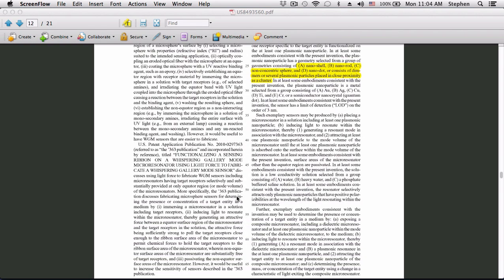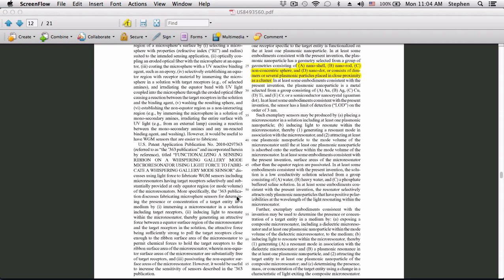As to the plasmonic particles, as you can see here in this sort of yellowed area, they can be nanoshell, nanorod, non-concentric sphere, nanodot, or contain dimers or several plasmonic particles placed in close proximity.